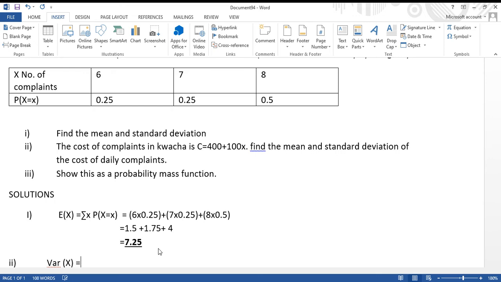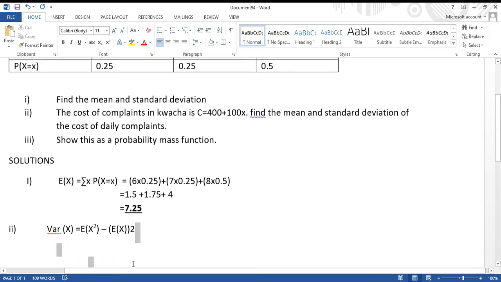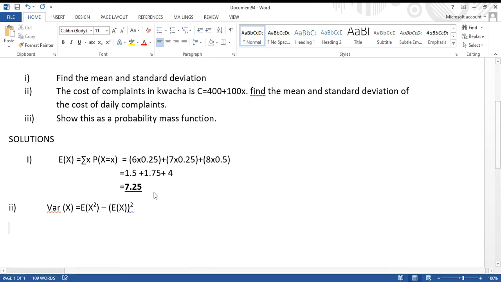The formula, variance equals... Right, so this is the formula to get our variance.